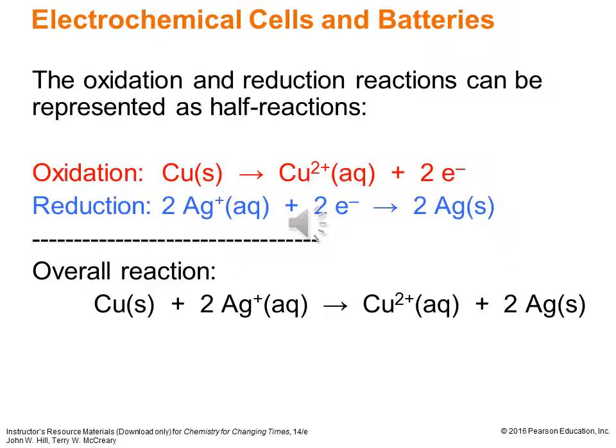Okay, so half reactions involve splitting up the chemistry into the oxidation process and the reduction process and treating them separately so that we can keep track of the electron flow.